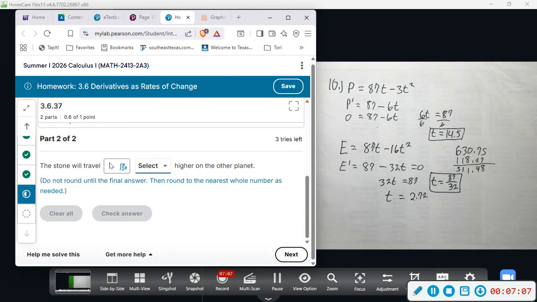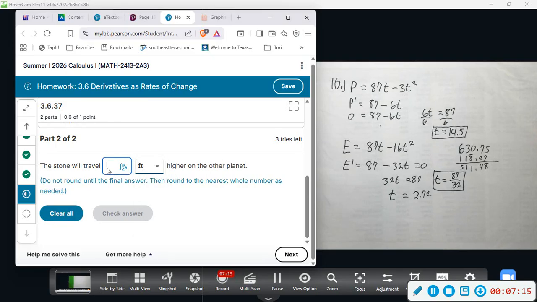So the stone travels blank feet higher on the other planet. Do not round the final answer, round to the nearest whole number as needed. Okay, so 511, I guess. 511 feet higher on the other planet.